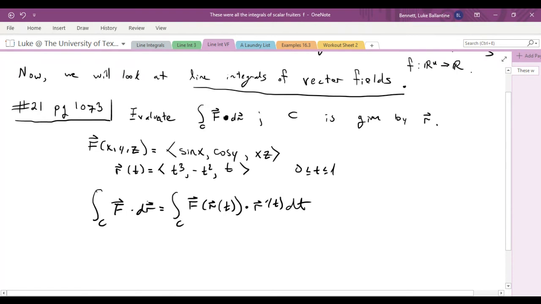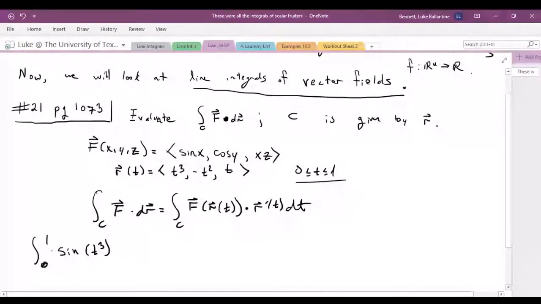So we can go ahead and do this. They're given t bounds. You just plug everything in. We have 0 to 1. Okay, so F of r, that's going to be, okay, so we have sine of x. x is t cubed.